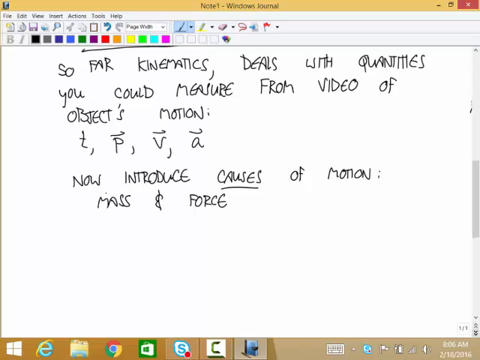Force is going to take a long time to introduce. But what we're doing in kinetics is we're relating these two new things to the motions that we've been talking about already. So we've been doing all this stuff where we get some information about the motion, and then we can say, okay, based on that, we know what the acceleration is, we know what the velocity is. Now we're going to figure out how to relate the acceleration, the velocity, that kind of stuff, to how hard something is pushing on that chosen object, or how hard something's pulling on it, how hard gravity's pulling on it, that kind of thing.